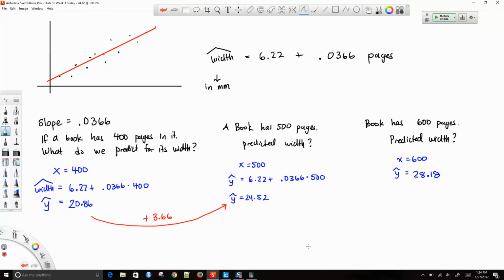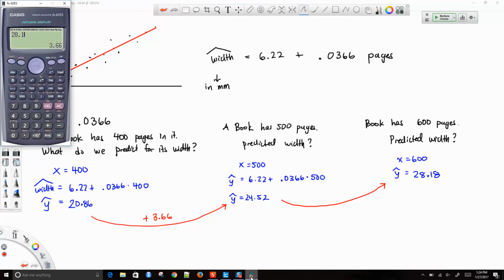Is that good? Okay. And then how much did y hat change when I went from 500 to 600 pages? Okay, well we can punch this in. 28.18 minus 24.52, also 3.66.